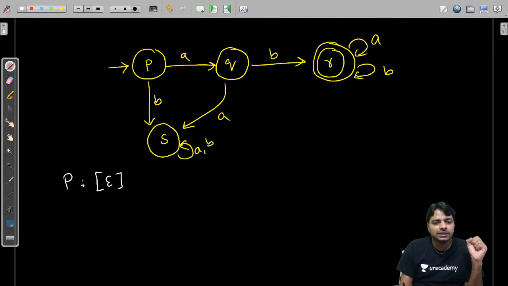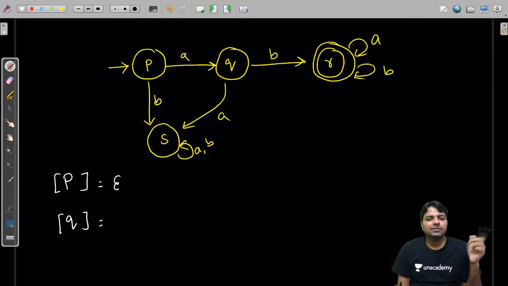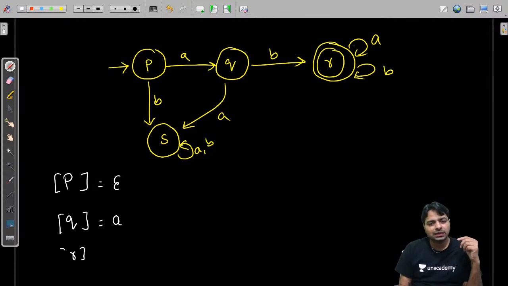The P is a class, it's nothing but epsilon. And Q is another class which represents the string which halts only at Q, that is A. And what R represents is your language, that is your L, equal to starting with AB.